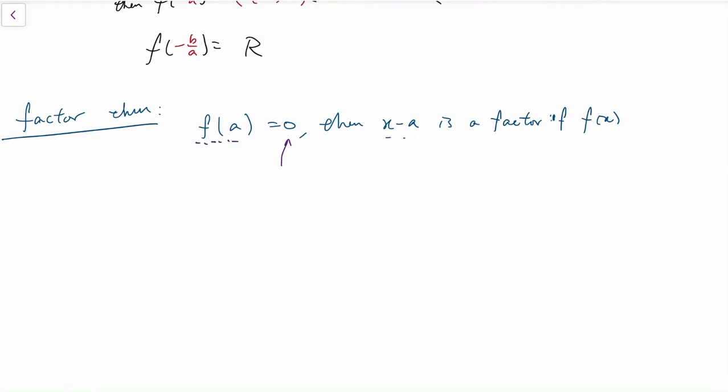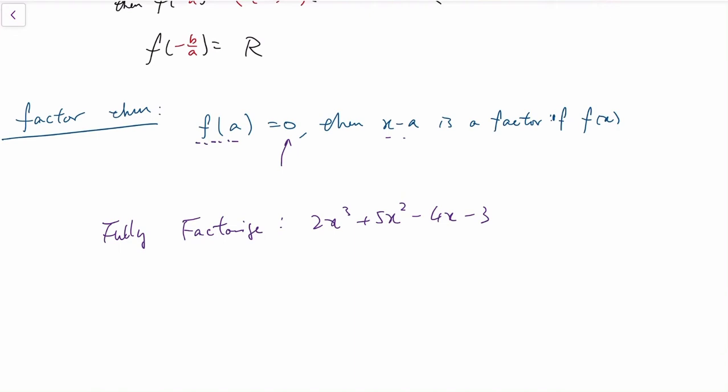So let me show you an example of how we use the factor theorem. We can, for example, fully factorize 2x cubed plus 5x squared minus 4x minus 3. The most useful thing about the factor theorem is it gives us a way to factorize a cubic or even a power 4.